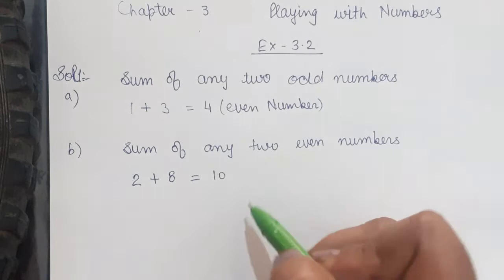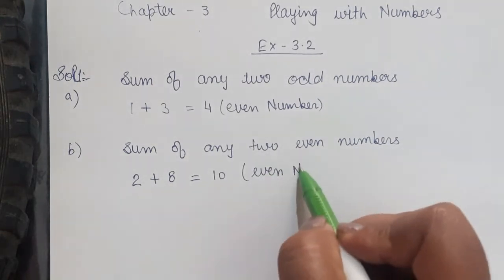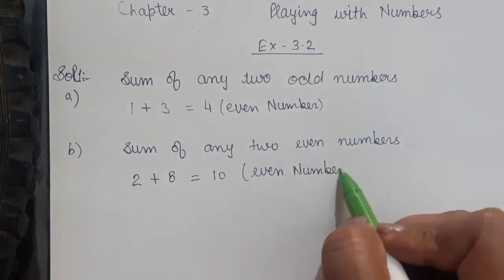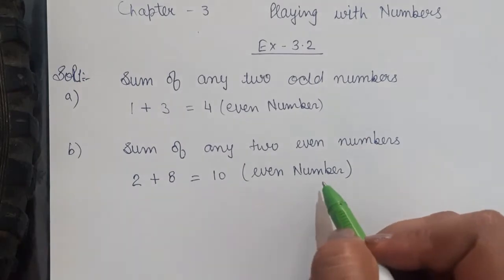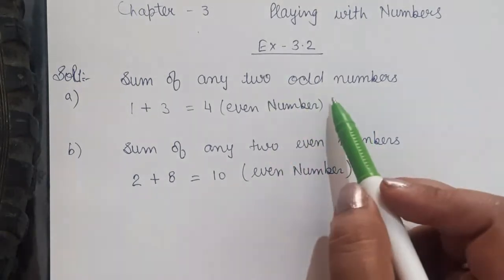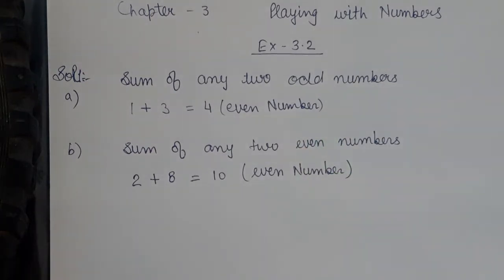I will get 10. Again I am getting an even number. So it's very clear, students. Whenever you add any two even numbers, you will get an even number again. But when you take two odd numbers, you will also get an even number. So this was our answer.